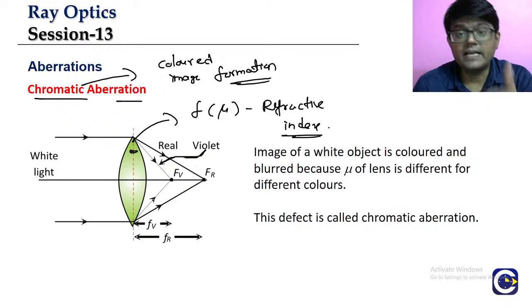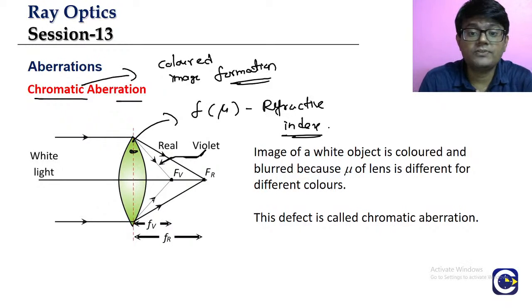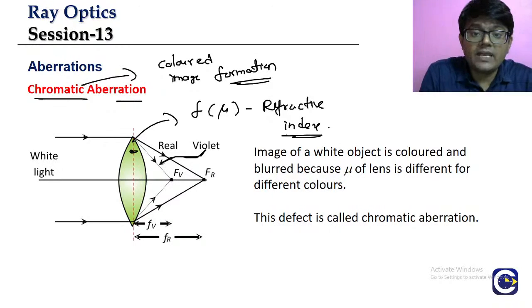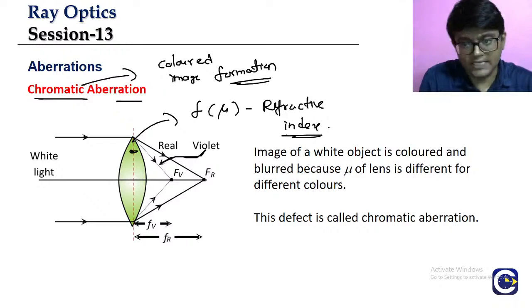For red light, lambda will be more, so mu will be less. For violet, lambda will be least, so mu will be highest. As a result, the focal length of the lens with respect to violet will have a different value from the focal length with respect to red.